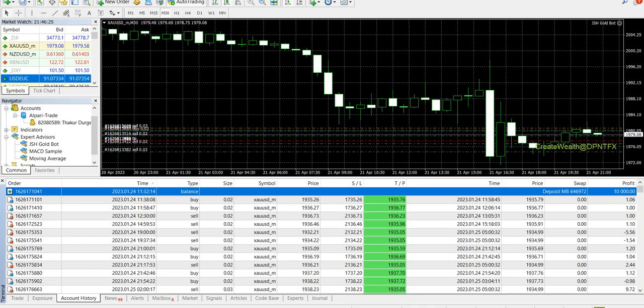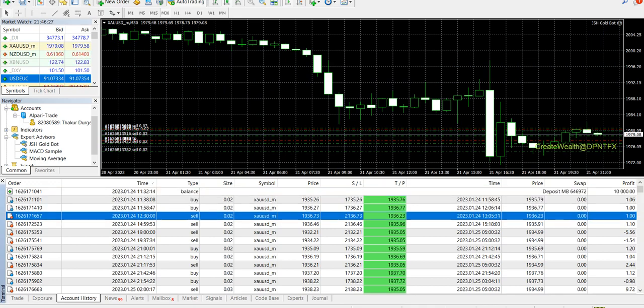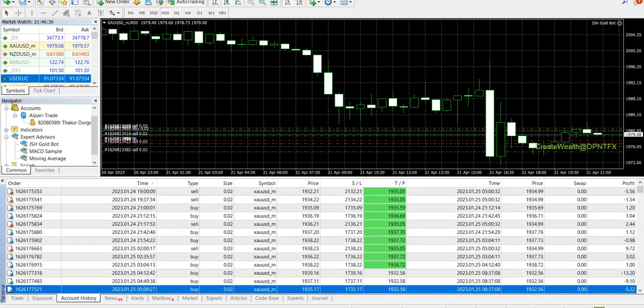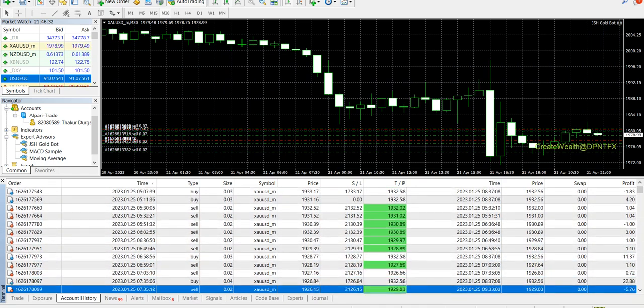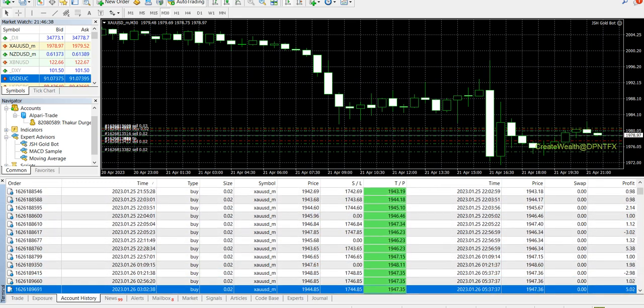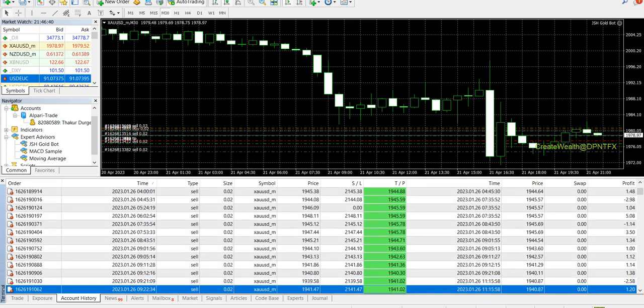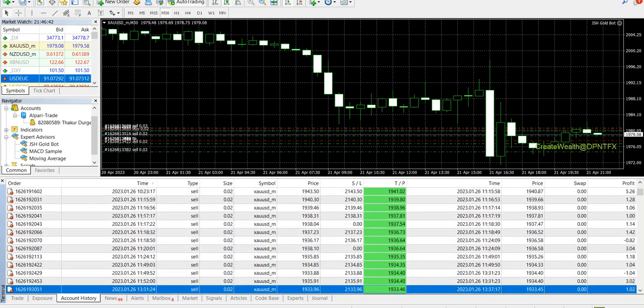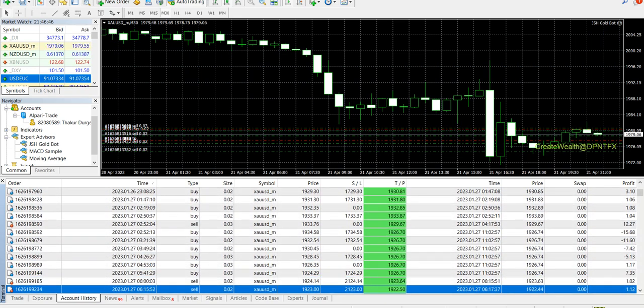Let's go from here. We started with 10,000 US cents, and within these 2-3 weeks we saw very crazy movements in gold. Gold is itself very crazy. That is the reason I am suggesting at least 5,000 US cents or 5,000 US dollars to trade with.